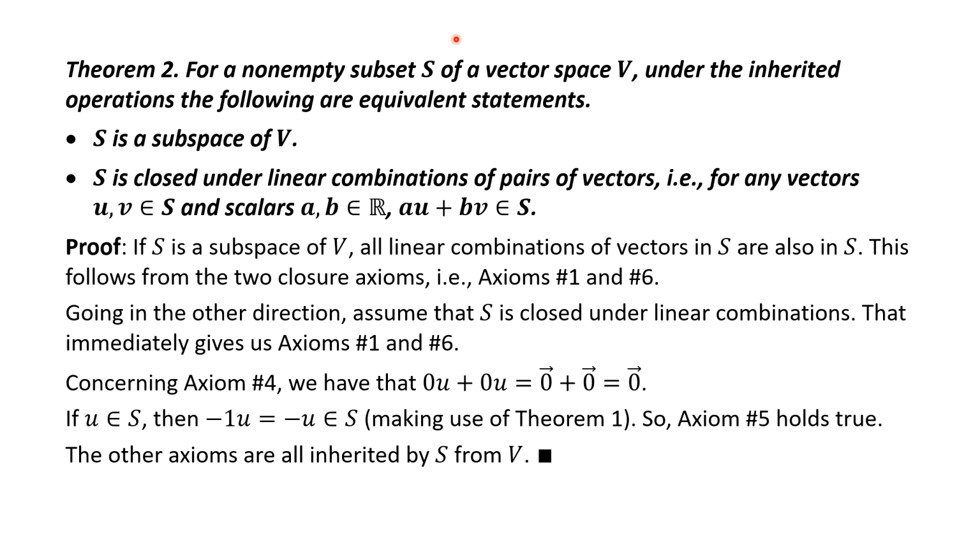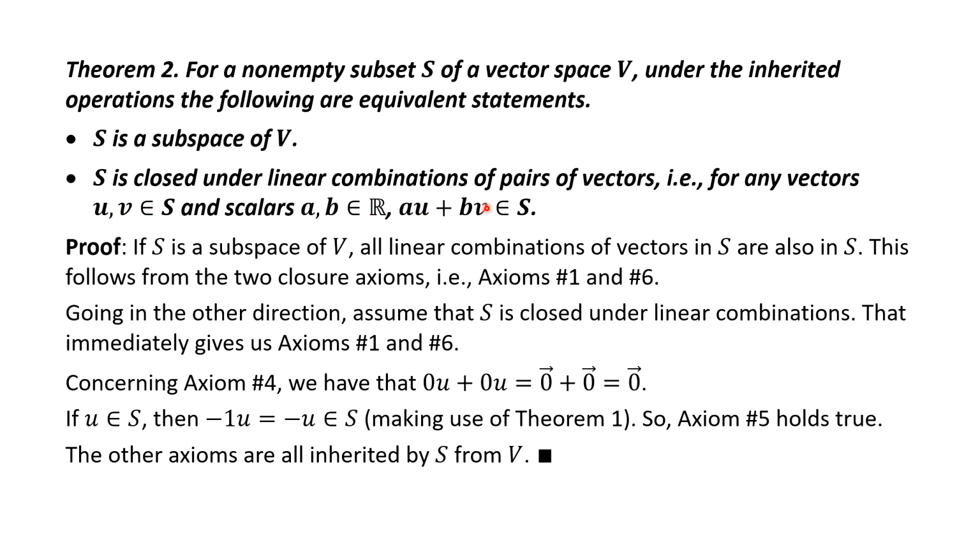But the typical way we do this is that we need to show closure for both the additive and the scalar multiplicative operations, which you can kind of do in one step here, which I've shown here, where you have two scalars, a and b, and two vectors.